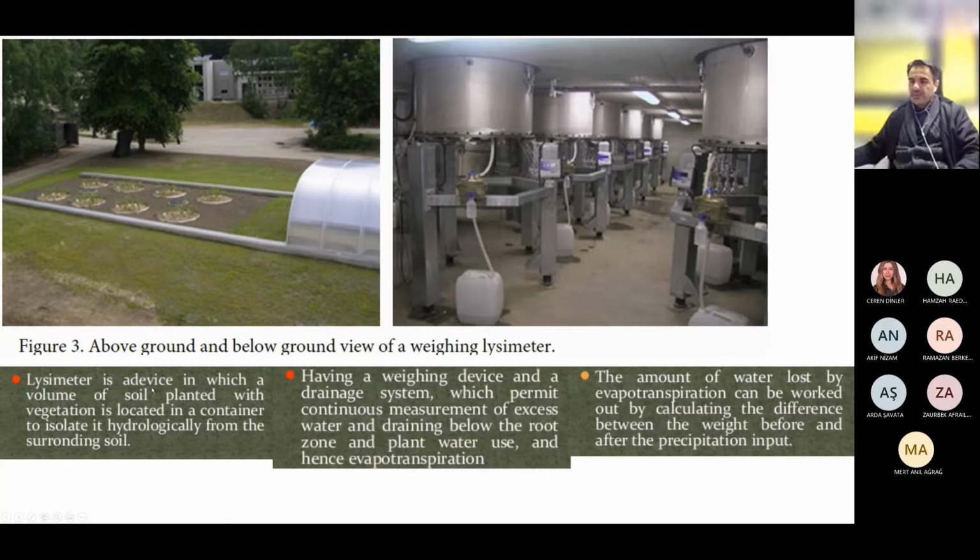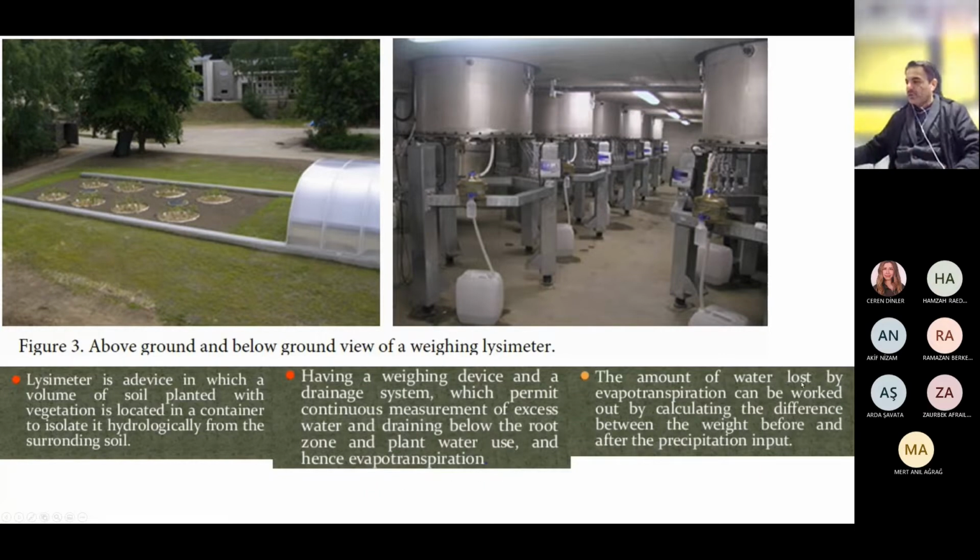Okay, a lysimeter is a device in which a volume of soil planted with vegetation is located in a container to isolate it hydrologically from the surrounding soil, having a weighing device and a drainage system which permit continuous measurements of excess water and drainage below the root zone and plant water use, and hence evapotranspiration.